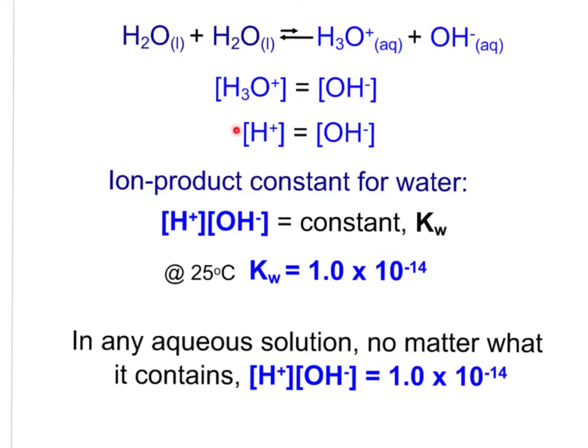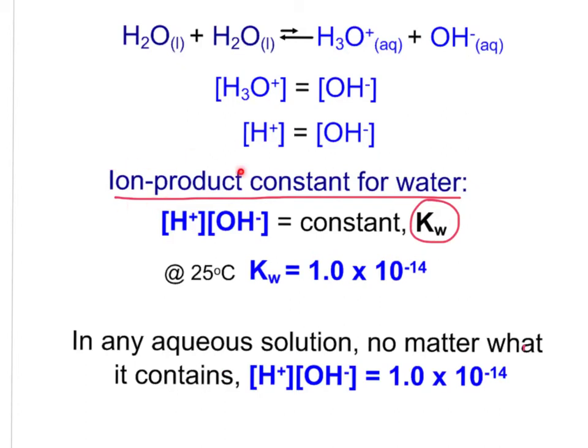Sometimes you'll see the hydronium just shortened into a proton. So there is this idea called the ion product constant for water. We designate that by a capital K with a little w as a subscript. The definition of this is a product, the ion product constant.